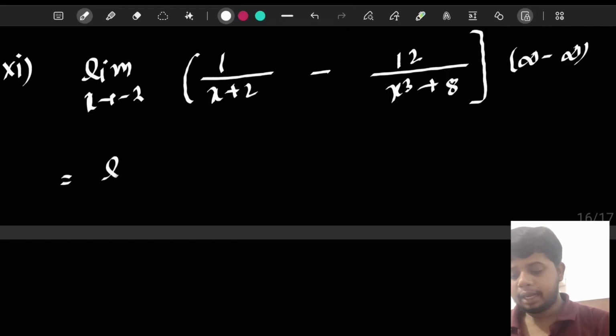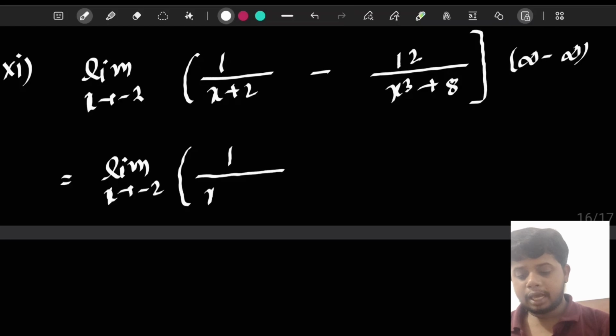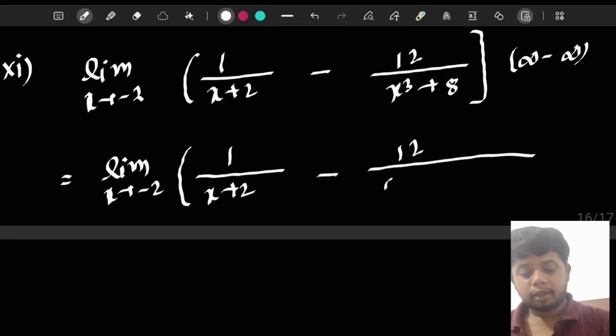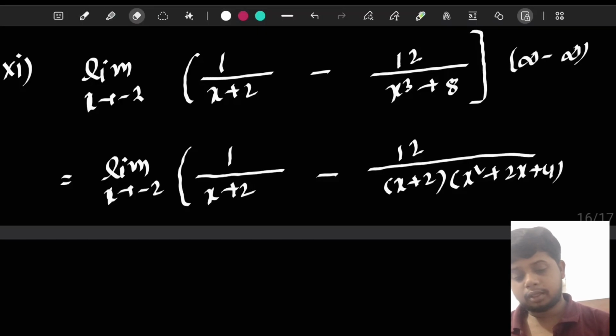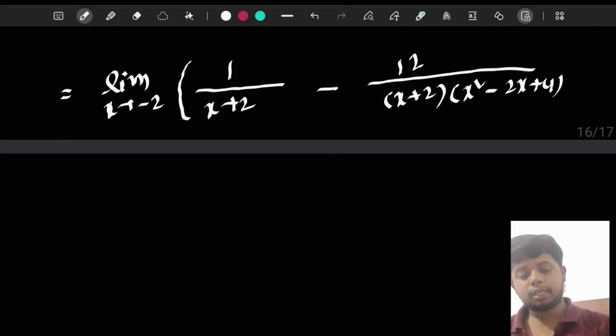So can I write here limit x tending to minus 2, 1 by x plus 2 minus 12 by x plus 2 into x square minus 2x plus 4, using a cube plus b cube equals a plus b into a square minus ab plus b square.